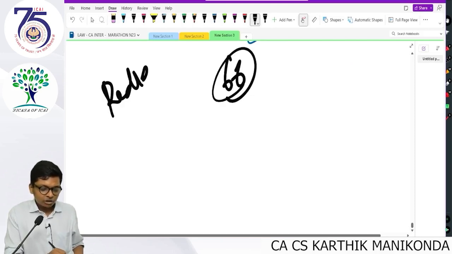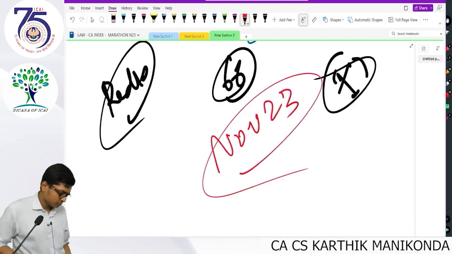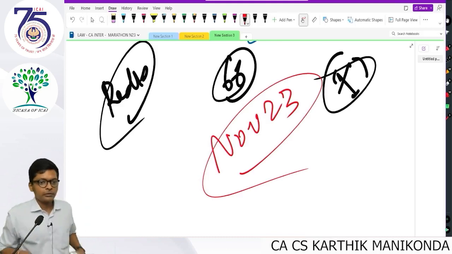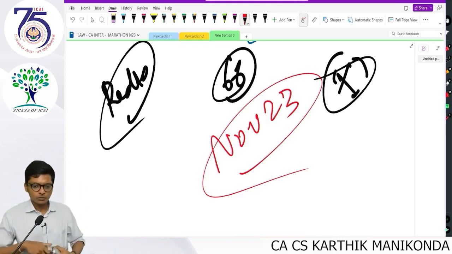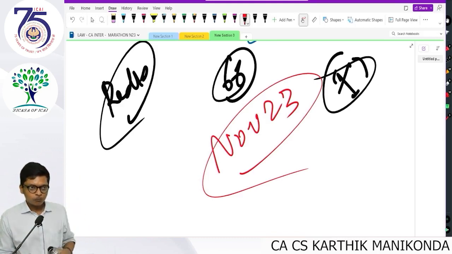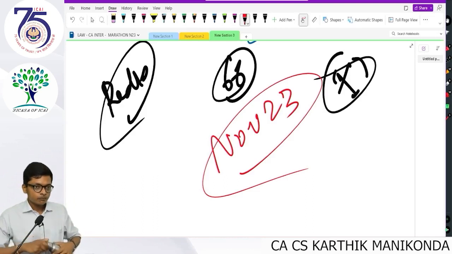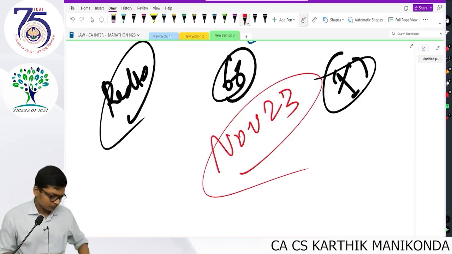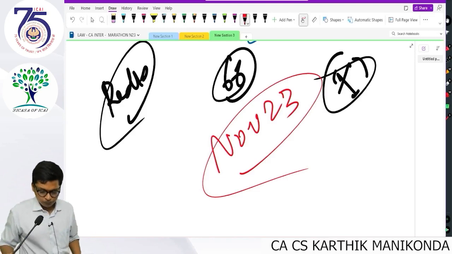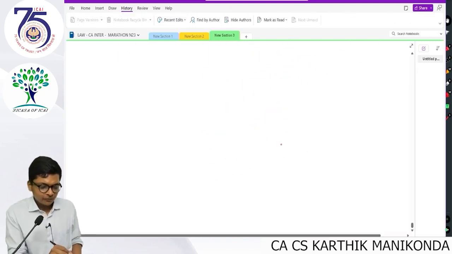Section 66. Reduction of share capital, mark it as important for November 23. Follow, guys.